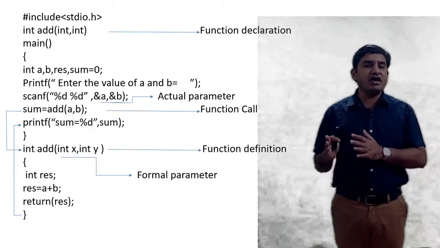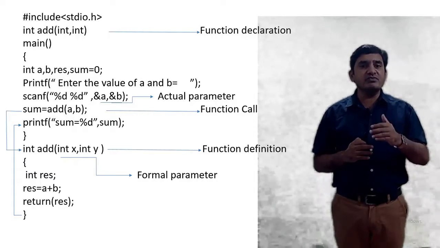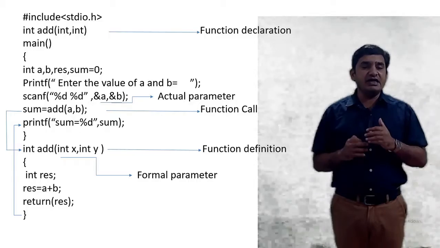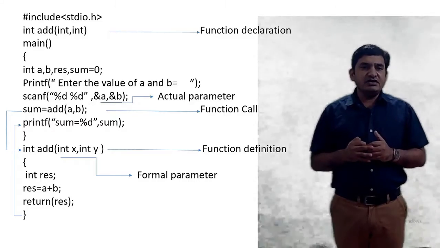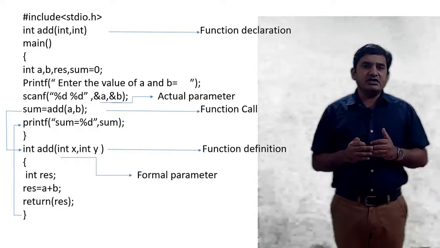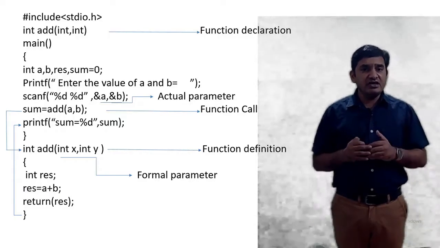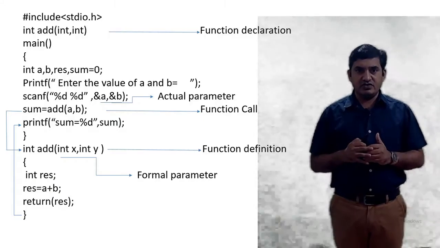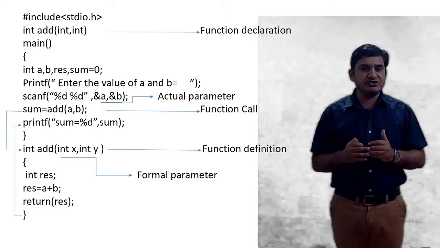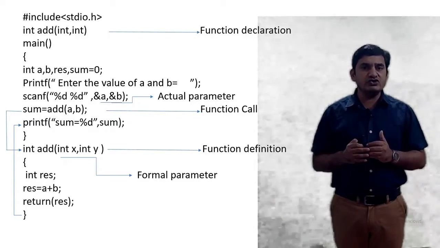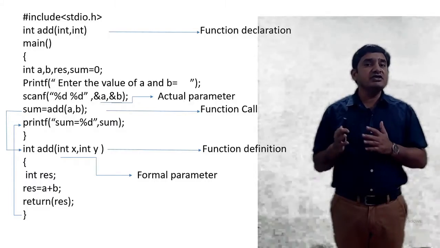The execution of the program goes from sum to int add(int x, int y). After that, int result, and result is equal to a plus b. Then return result, and after execution of these steps, the execution of the program goes to printf, so that the sum is displayed on the screen.